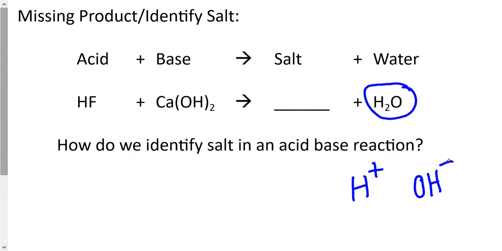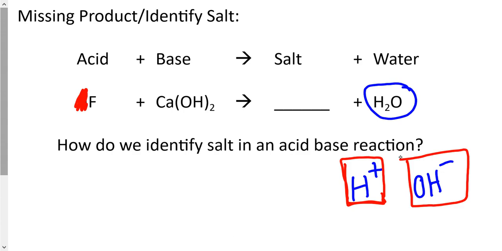So where am I getting this hydronium ion, H3O plus or H plus, from? I'm getting it from all the acids, right? Whatever acids we have, each of them will donate hydronium ion or proton. And where am I getting the hydroxide ion from?